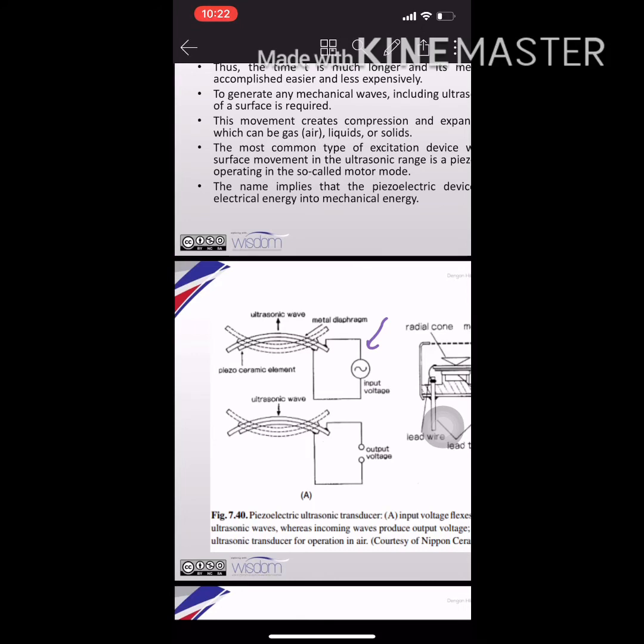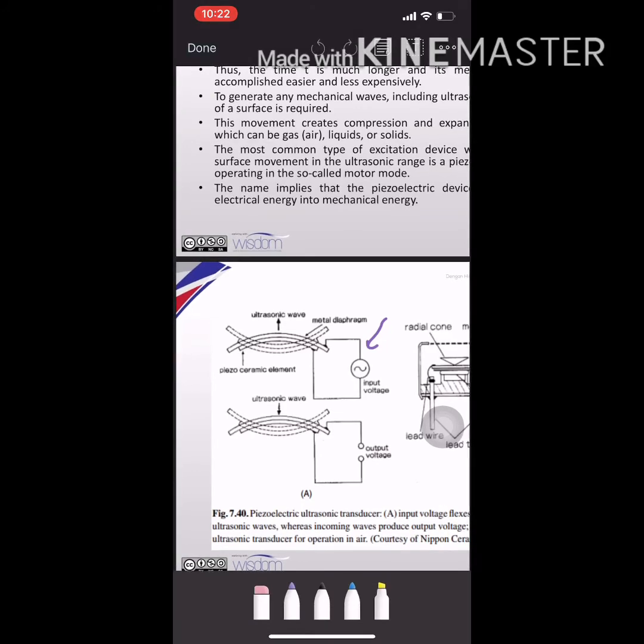If you look at this figure, we have an input voltage which is supplied to the ceramic element. When we apply this input voltage to the ceramic element, it will cause the piezoelectric ceramic element to flex and transmit ultrasonic wave.